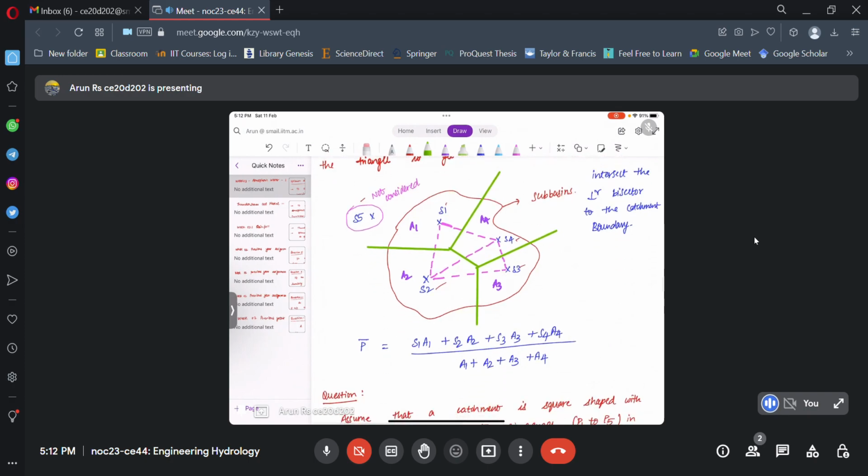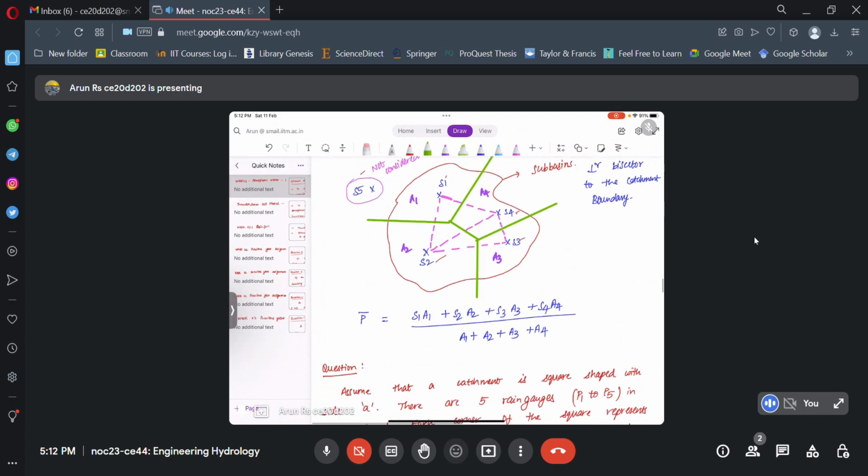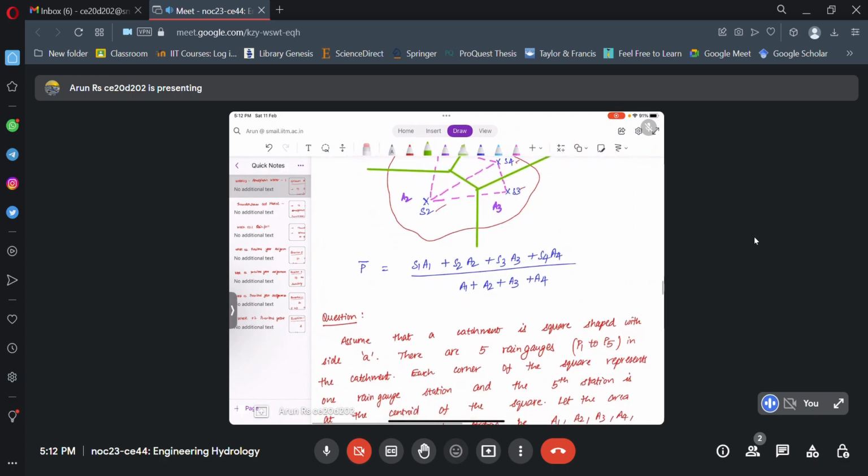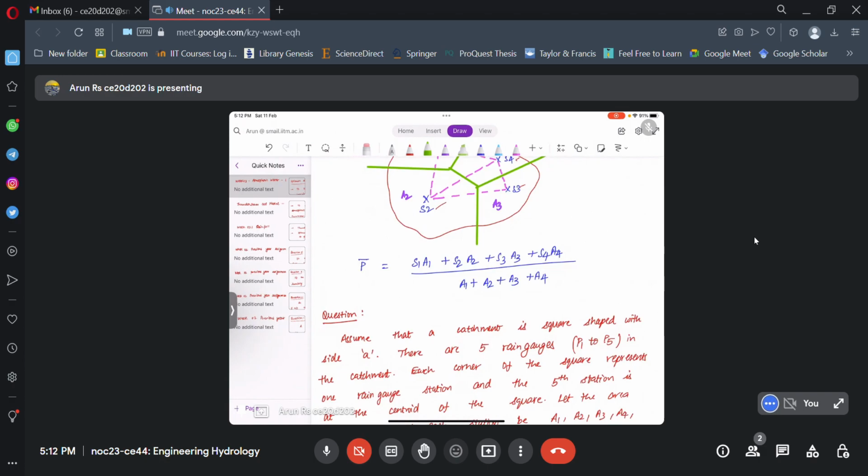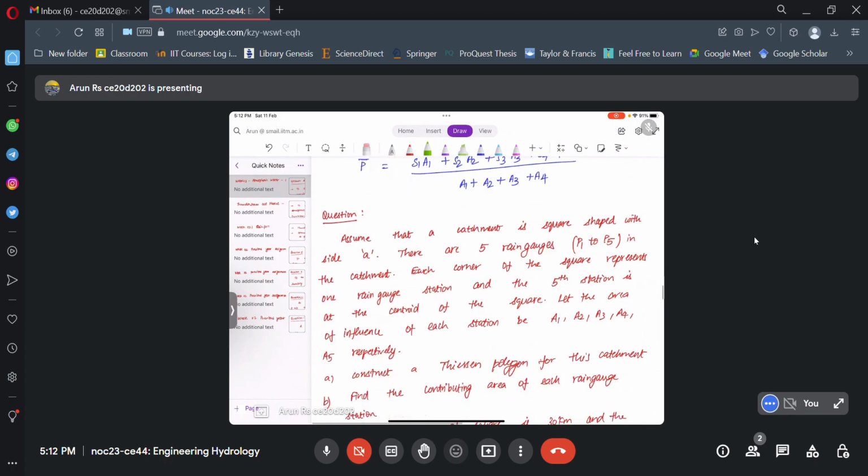Here I have not considered S5 because it is outside the watershed. To estimate the average rainfall, P bar is simply the sum of the station rainfall multiplied by the influence area for all the stations, divided by the total area.